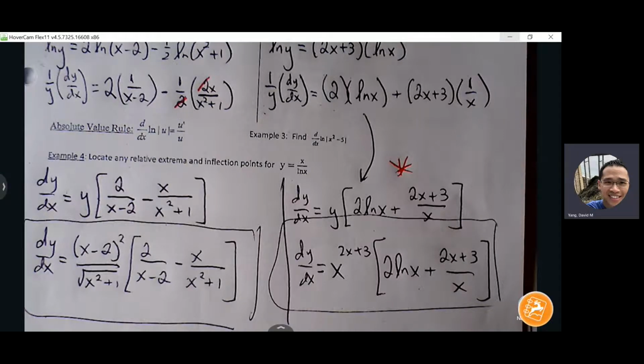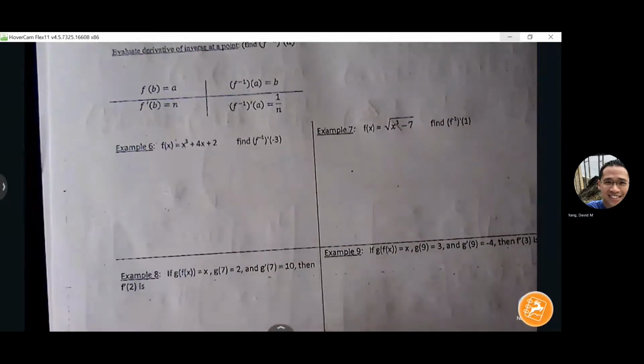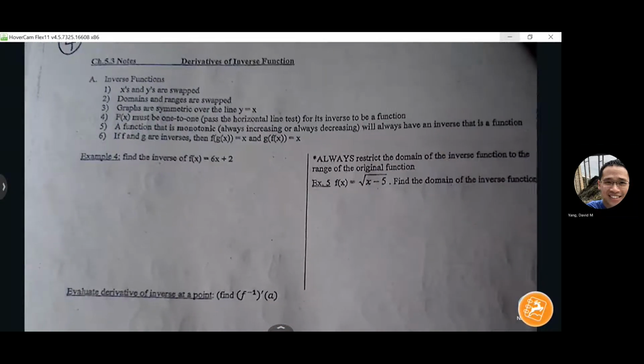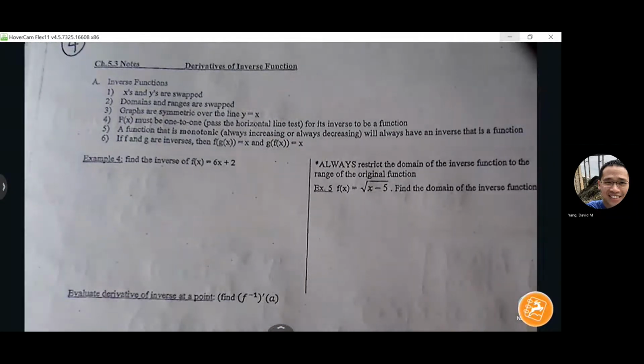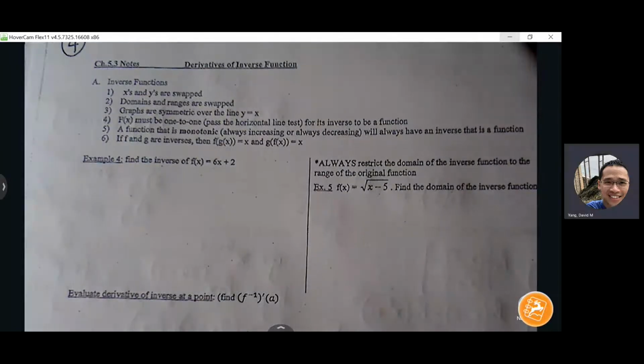Okay, let's go to the next page. This is 5.3. Let's talk about inverse functions.